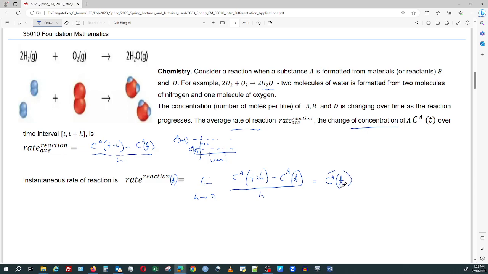The differential. Wow. So the rate of the reaction is the differential of the concentration. Wow.